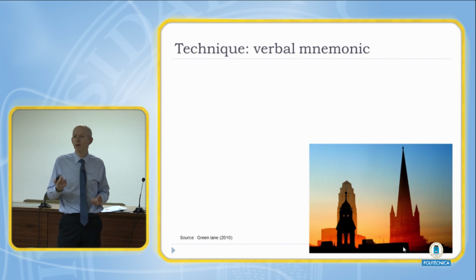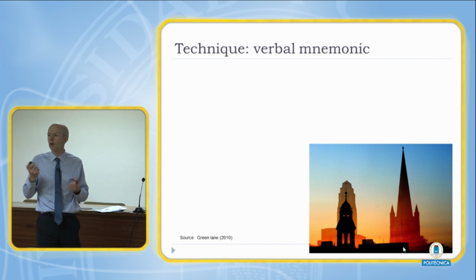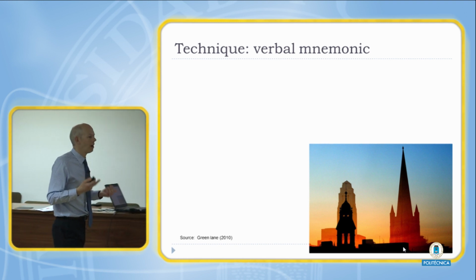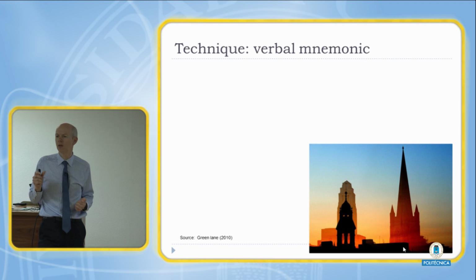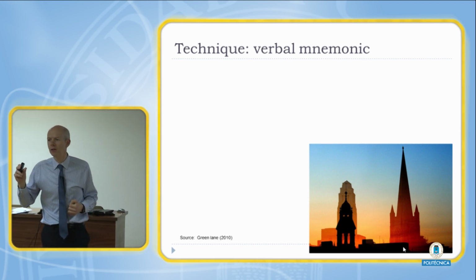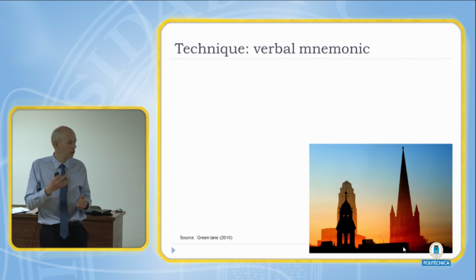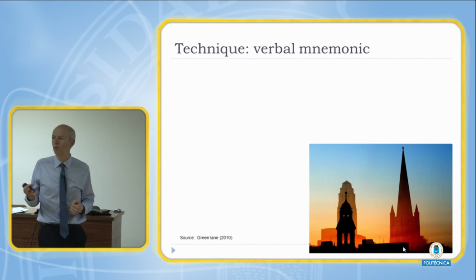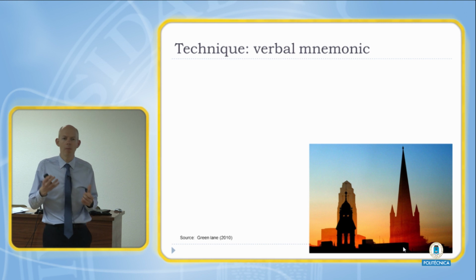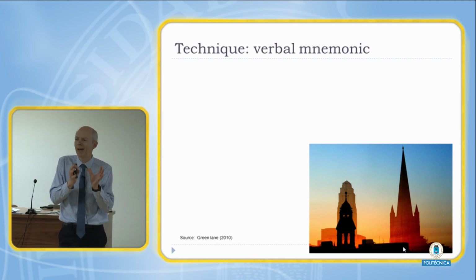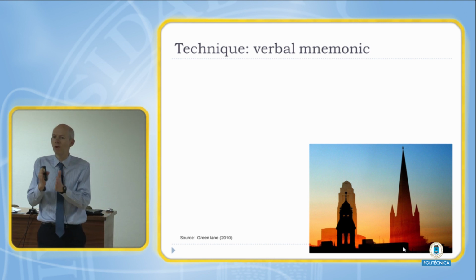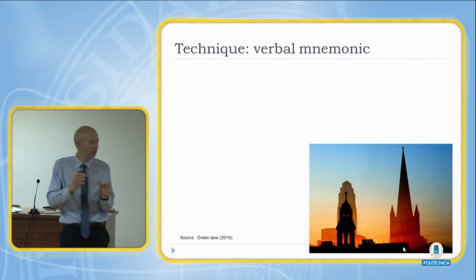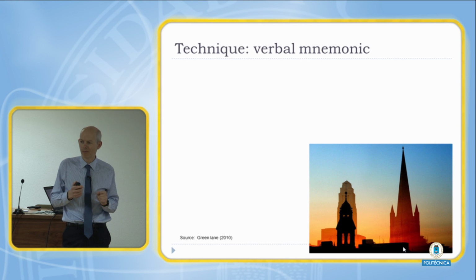There is another technique which is commonly used called a verbal mnemonic, which is making a rhyme out of some information. So if you particularly wanted to remember a date or a series of information, you can make a mnemonic out of it. Does anybody know what we say for the number of days in each month of the year? Because some months have fewer days, don't they?